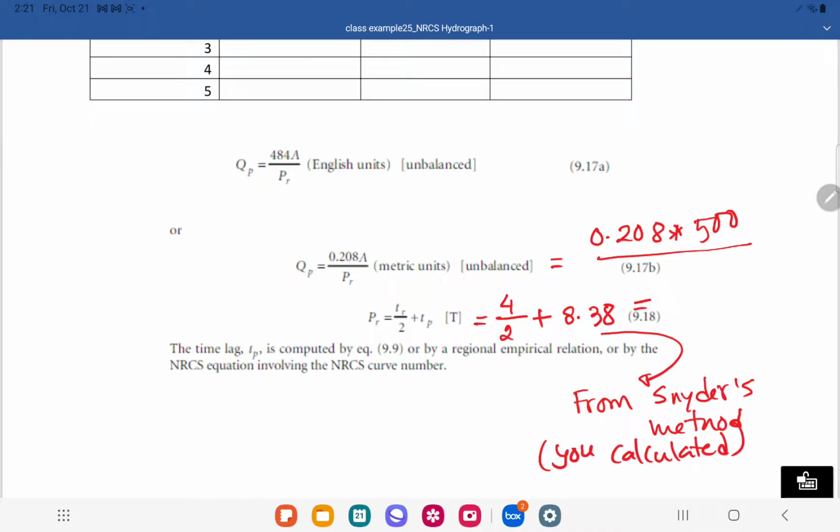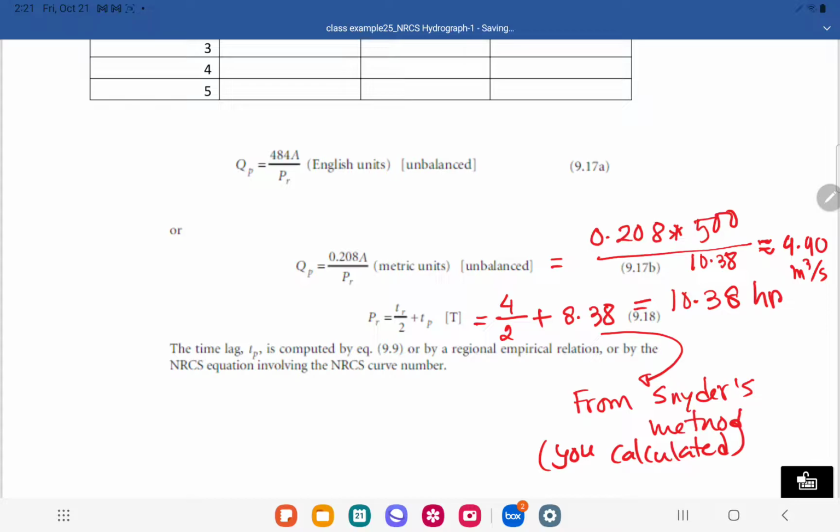We already know that from Snyder's method, and now it's 10.38 hours. If you want, you can round that into 10.5, or you can keep it as it is. Once you use the value 10.38 for the QP, you will get almost the same as 9.90 meter cube per second.